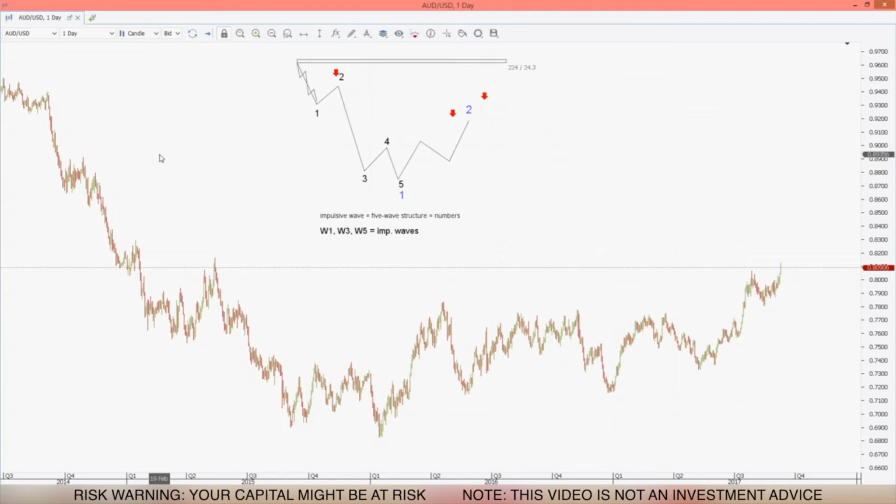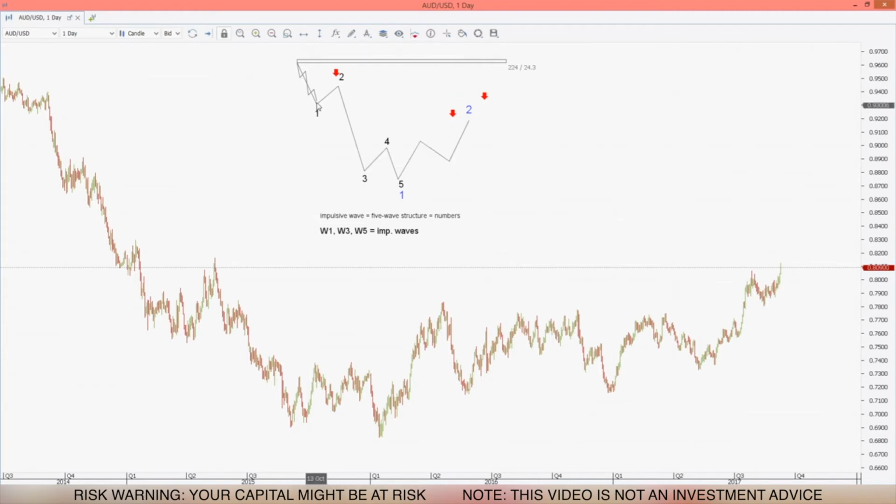Another rule of an impulsive wave states that at least one wave needs to be extended. What does it mean? It means that it must be bigger than 161.8 of the first wave, at least when compared with the longest. So we take a Fibonacci, expansion or retracement, it doesn't matter.